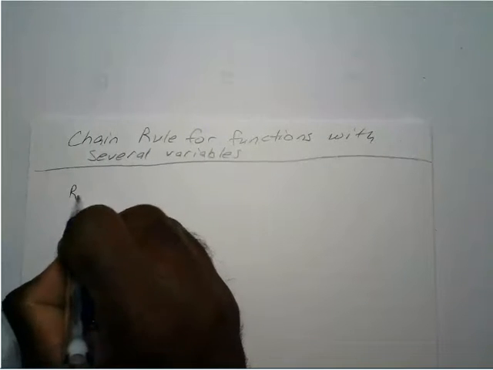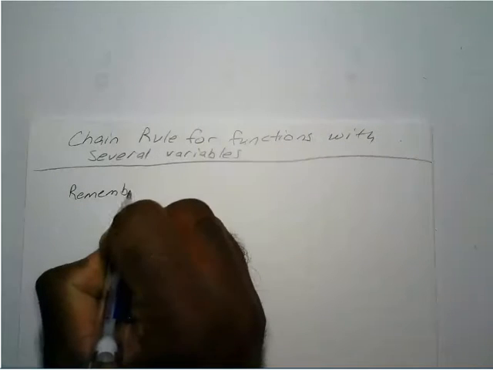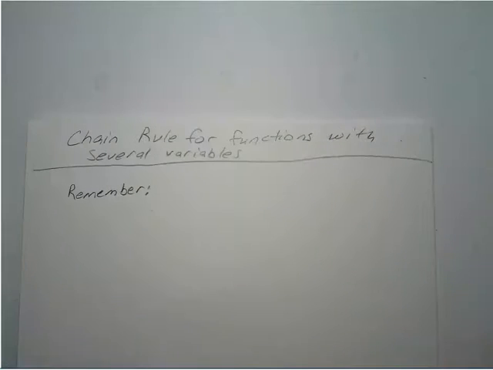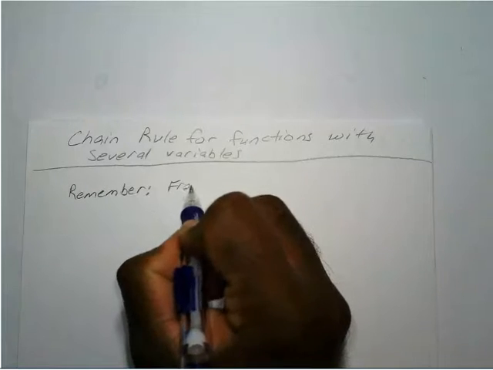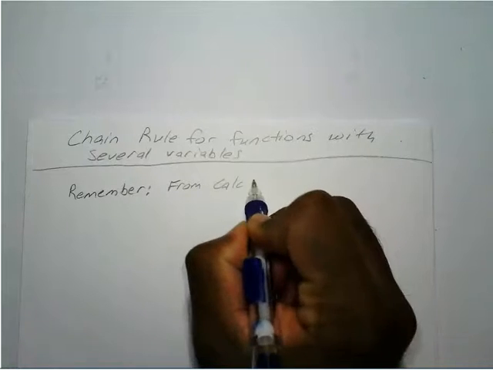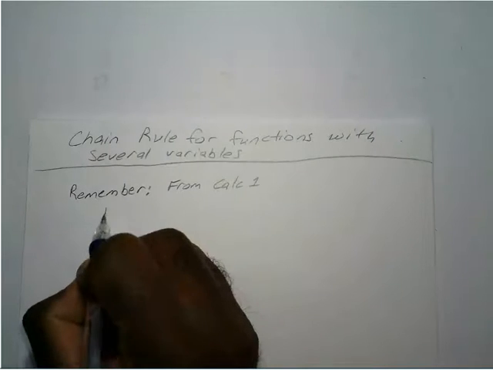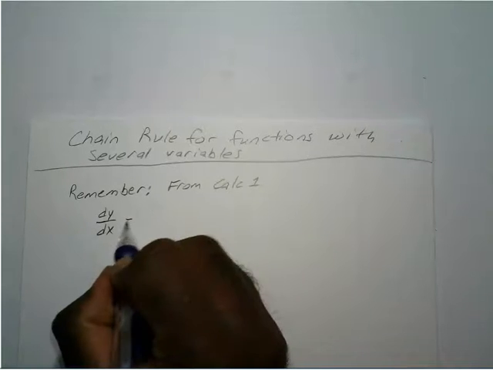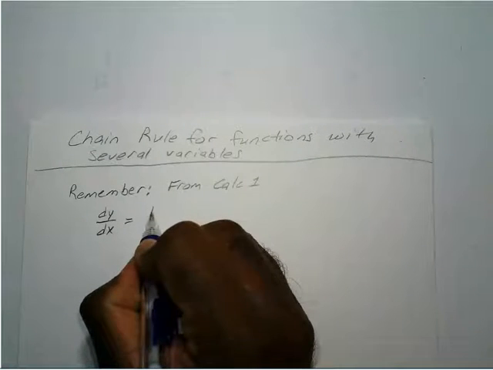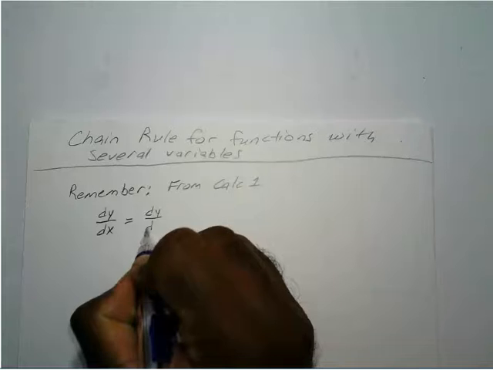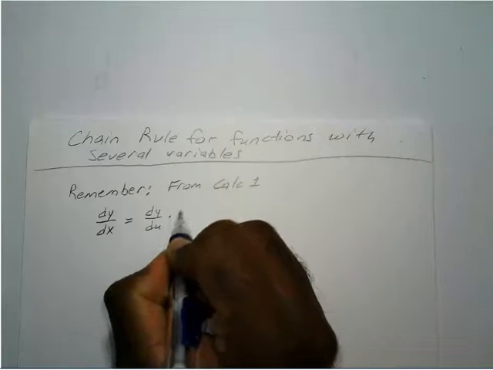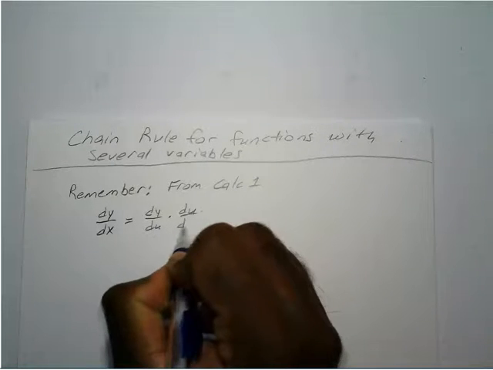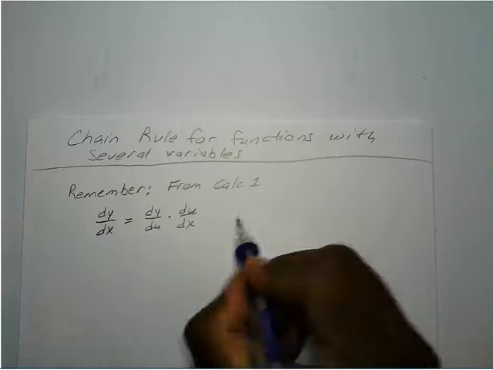So if you remember from Calc 1, we have the derivative of y with respect to x is equal to the derivative of y with respect to u times the derivative of u with respect to x.